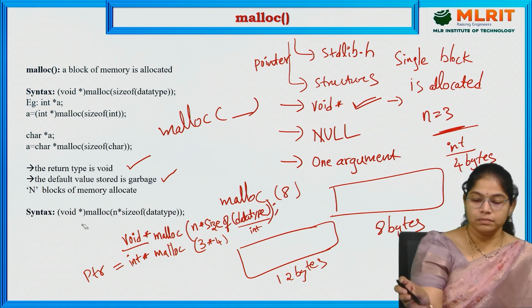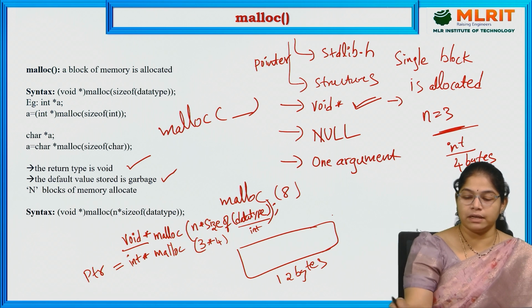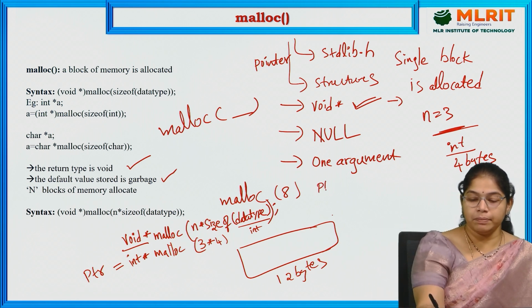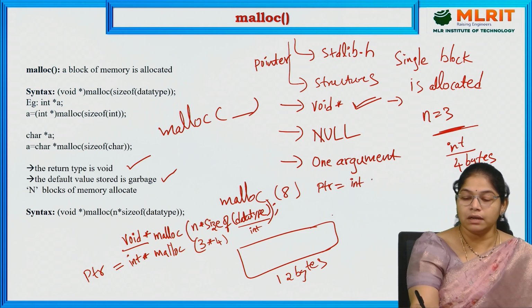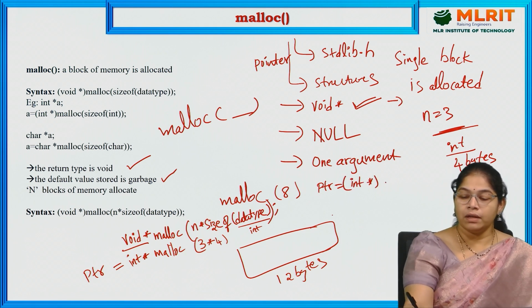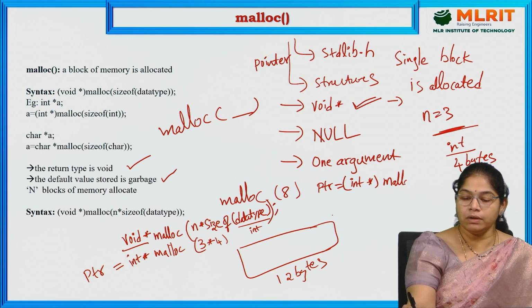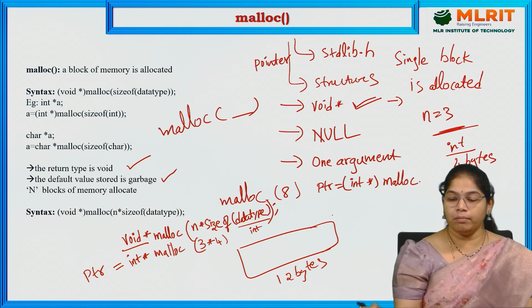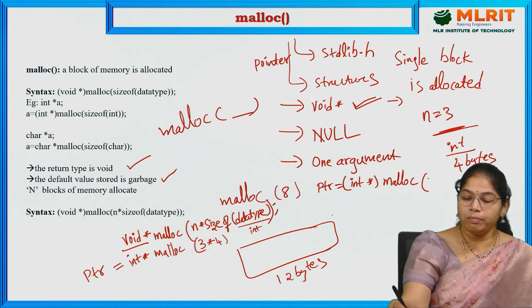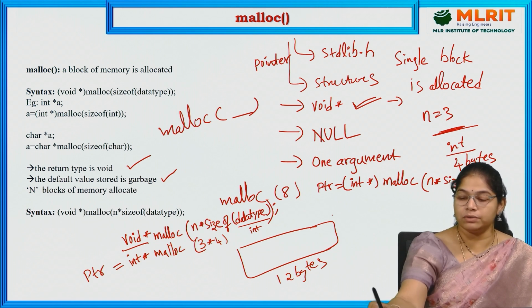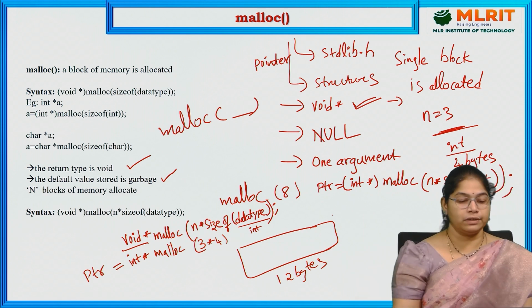We have to write the syntax as, for example, ptr is equal to, I want to store integer type values, so int pointer. Then which function am I using to allocate memory dynamically? malloc. It takes only one argument, that is the number of blocks you want, into the size of which type of values you want to store. Integer values, then size of int.